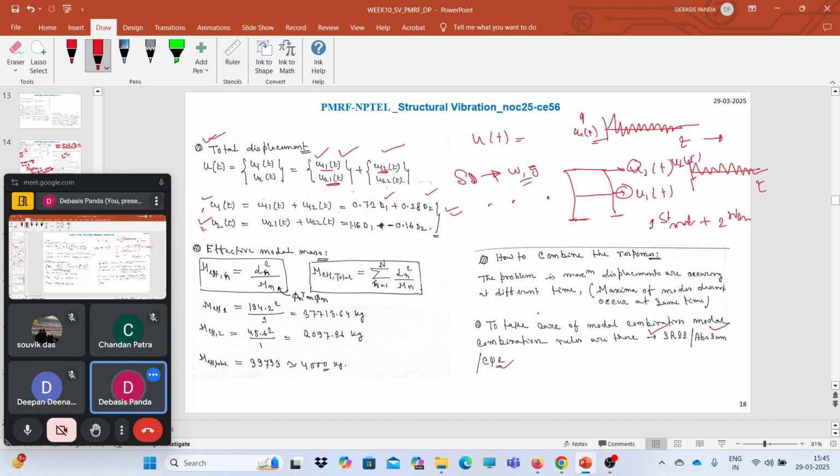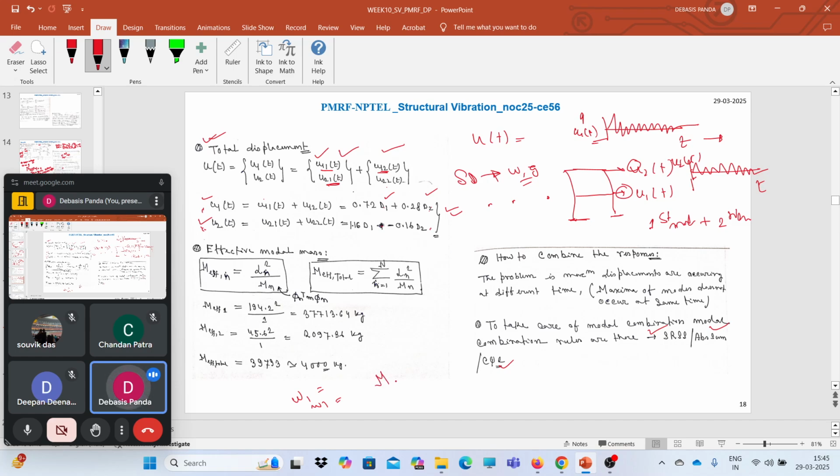Before that, we have already seen the concept of the modal mass. So in that example, if someone asks you to calculate the modal mass corresponding to those two modes, because we have two natural frequencies omega 1 and omega 2, we have two modes. So what will be the effective modal mass?